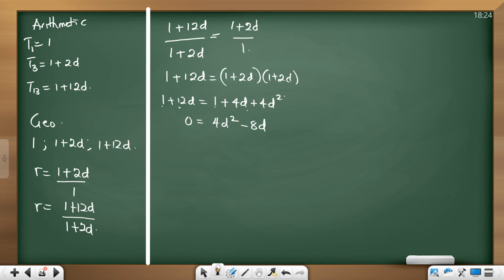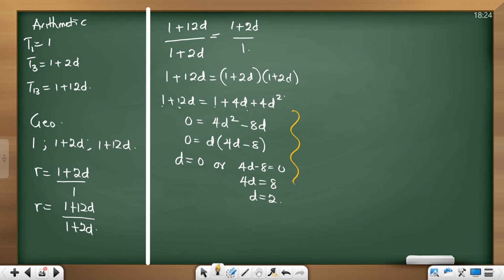So we can factor out d now. Sweet. D into bracket what? Okay, we can actually factor out 4d, but it's fine. 4d minus 8. So it's either d equals 0 or 4d minus 8 equals 0. 4d equals 8 and d equals what? Okay. Biggie says let's factor out 4d.